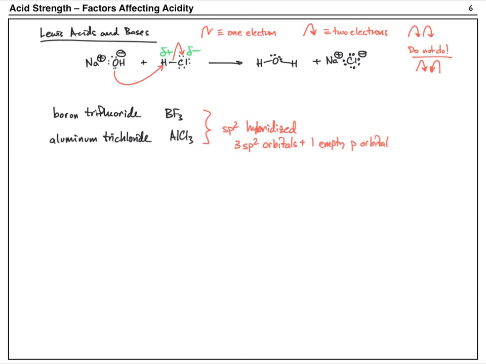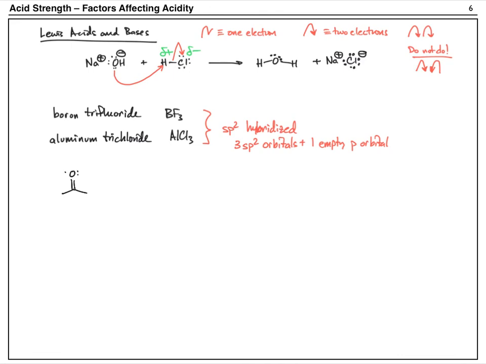So again, the Lewis acid definition is an electron pair acceptor. The boron and aluminum can accept an electron pair in this empty p orbital. So let's actually look at this in context.